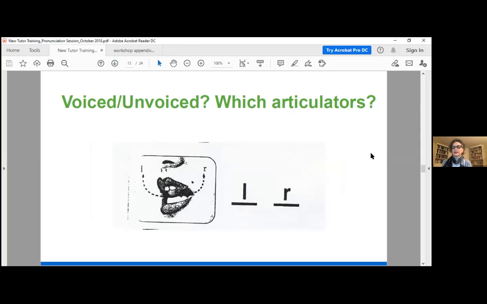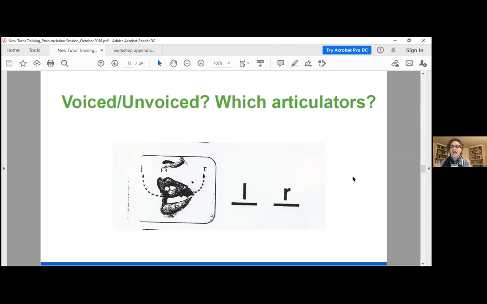The next two sounds are both made with the tongue raised. And one is L. Let's all do that. L, la, L. And the second one is for R. So can you tell me what the difference is in those two tongue movements? Try it again.